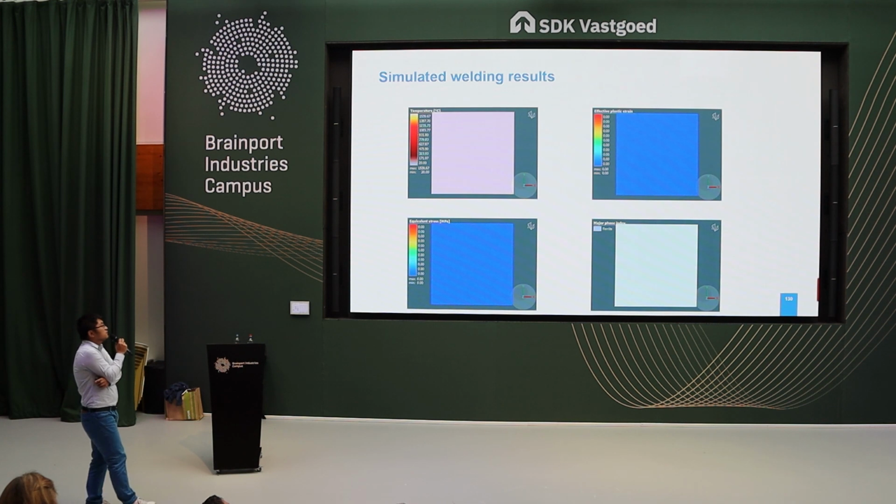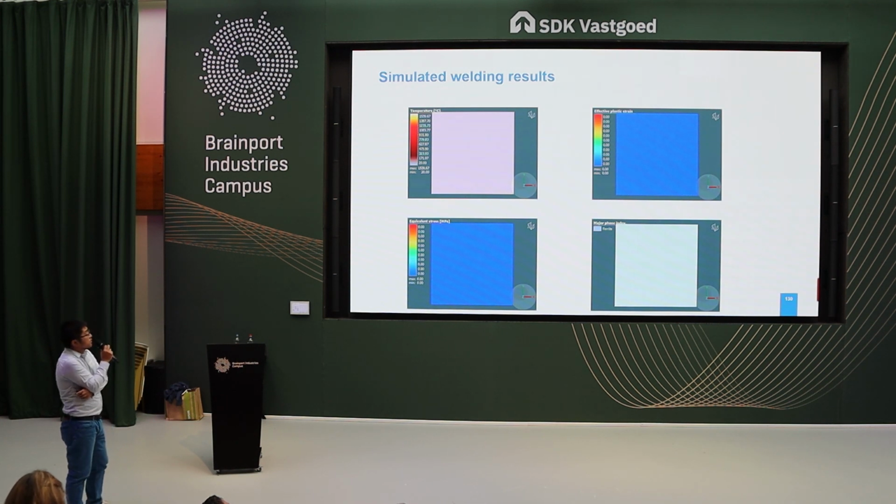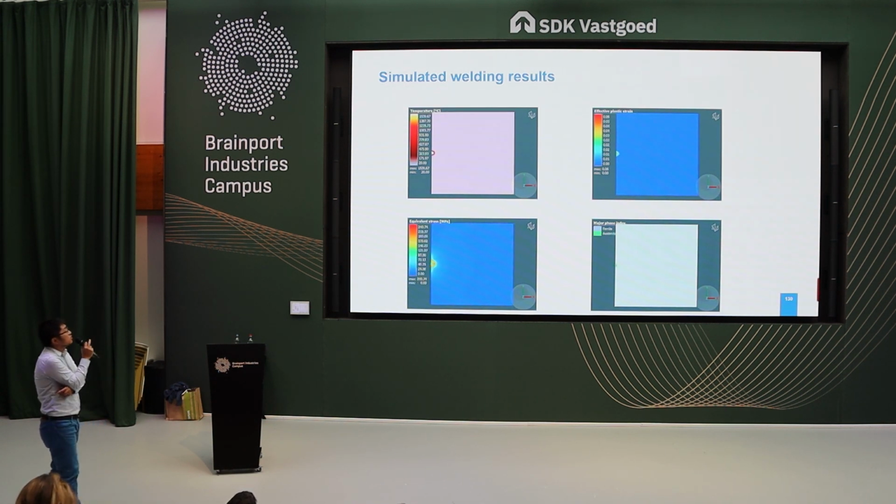So I think the modeling can give us not only the study of hot cracking, but it can also provide much more insight into what is really happening during welding.